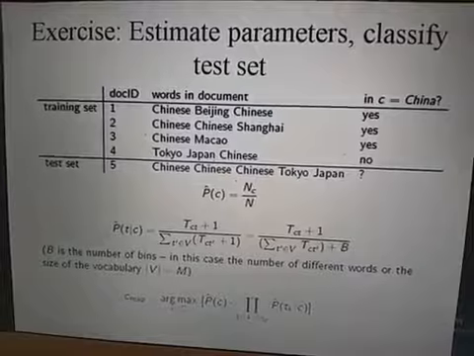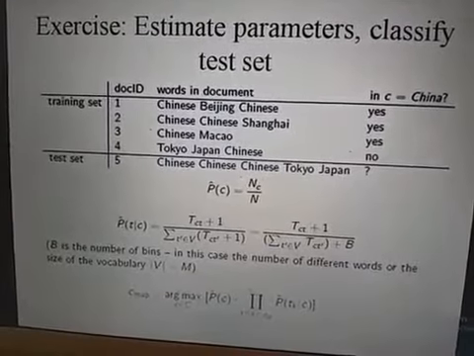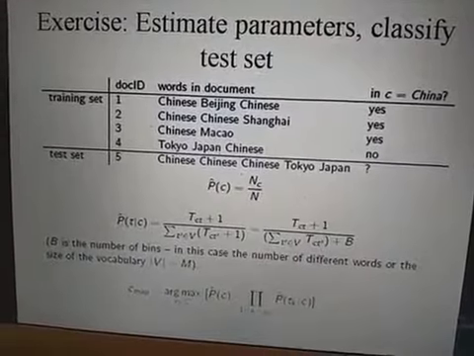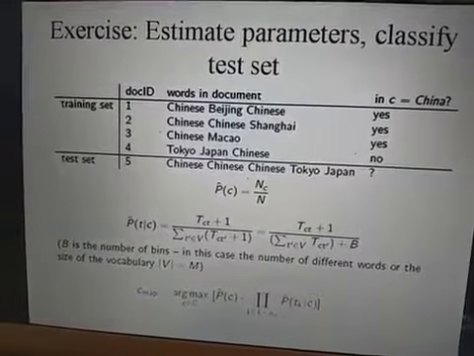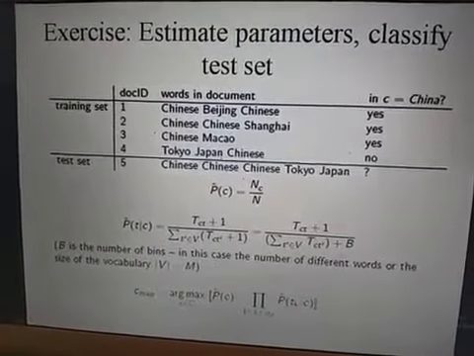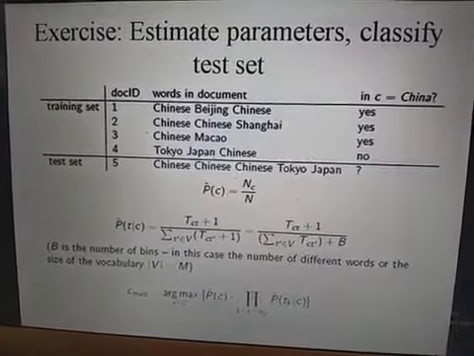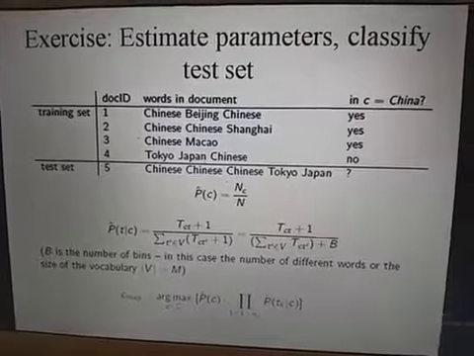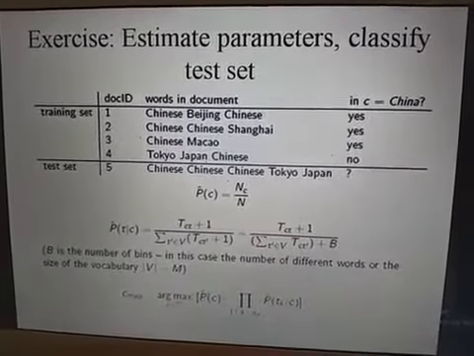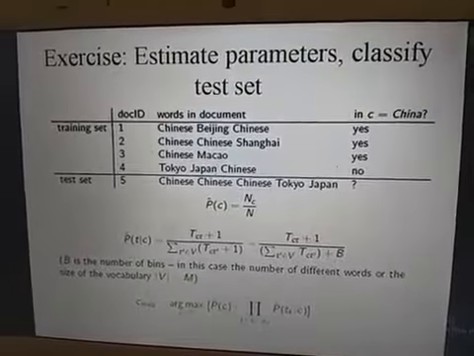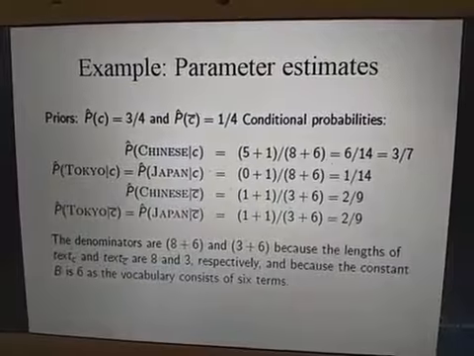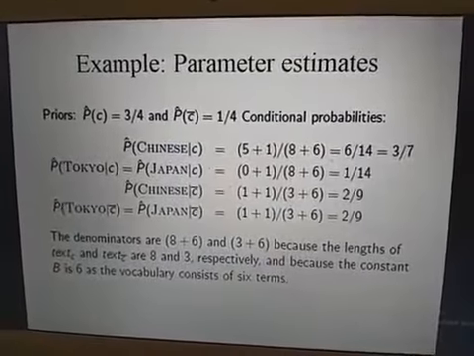8 plus 6, that is B plus the total number of T C T dash, that means the number of times entirely it is present: 8. That is, in document 1 it is 2, document 2 it is 2, document 3 it is 1, document 4 it is 1, and in document 5 it is 3. So as a whole it is 8 plus 6, so 6 by 14 equals 3 by 7.